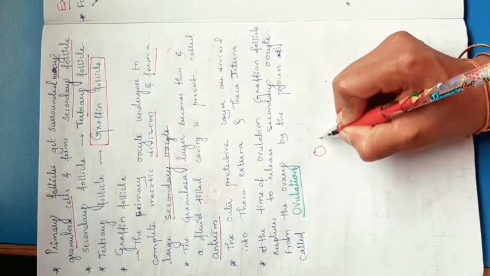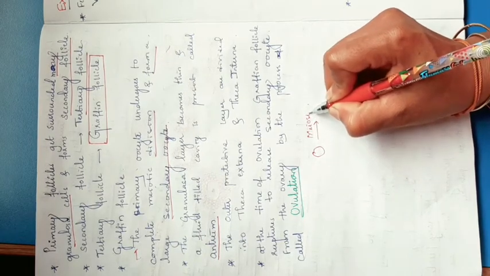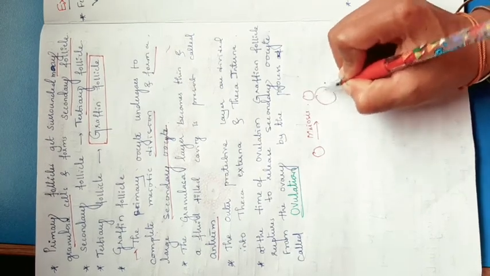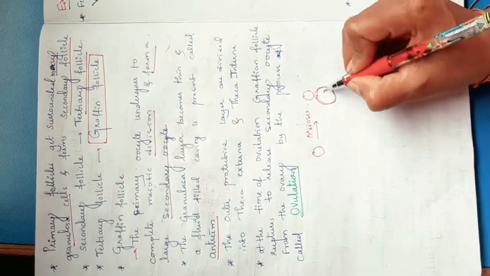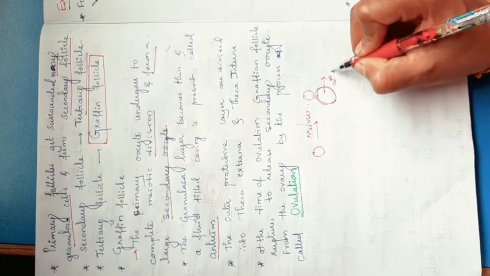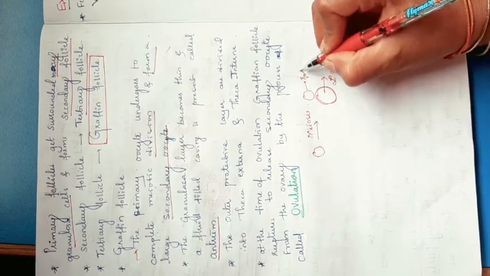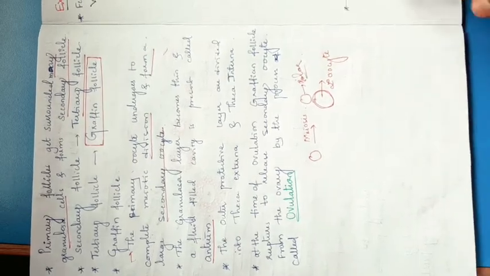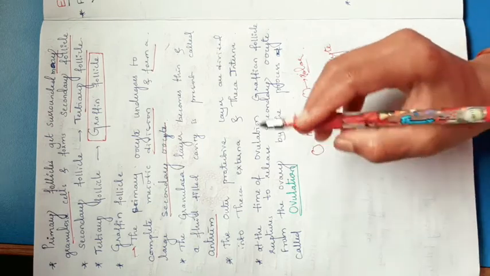One cell undergoes meiosis and two haploid cells are formed. In this large unequal meiotic division, the large cell is called a secondary oocyte, and this one is a polar body. What is a polar body, and what is a secondary oocyte, we will discuss afterwards.